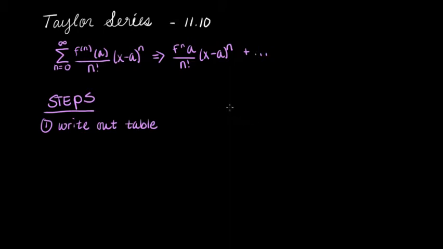So every single time you do these problems, we need to set up an n, f of n, and this is at x, and then an f of n at a. It's going to look like this. Depending on how many terms you want for your answer, I usually start at 0, we'll go to 1, 2, and 3 typically, so 4 terms.